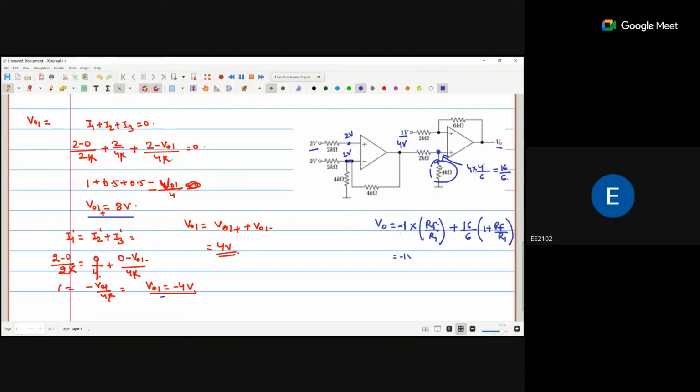So minus 1 into RF, which is 6, divided by 2, plus 16 by 6 into 1 plus 3. So minus 3 plus 16 by 6 into 4. So this is 3, 2. So minus 3 plus 32 by 3.